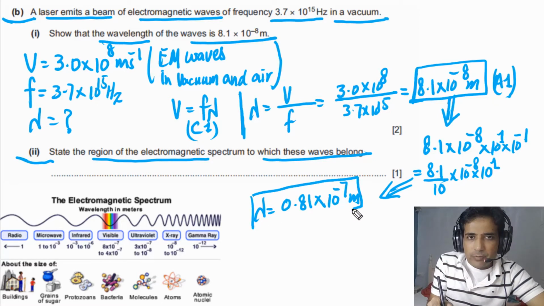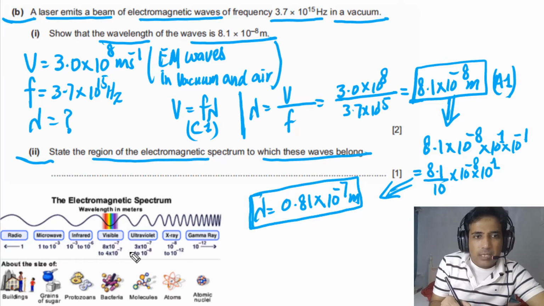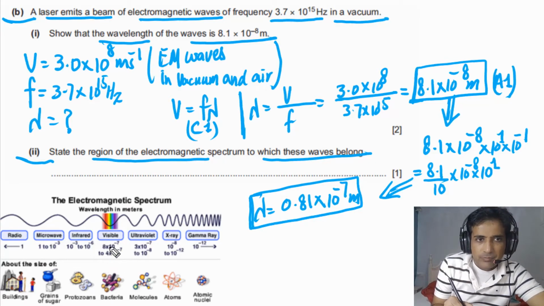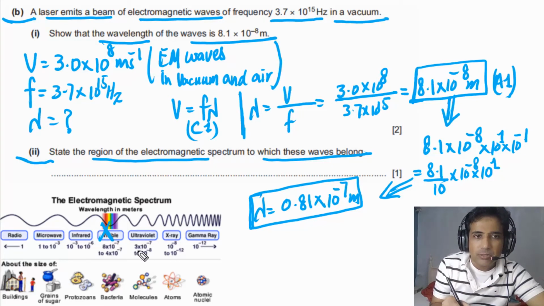Now we need to find out the region of the electromagnetic spectrum. If you look at visible light, this is from 8 times 10 to negative 7 to 4 times 10 to negative 7. So this is not in this region, because this value is smaller than 4 times 10 to negative 7.